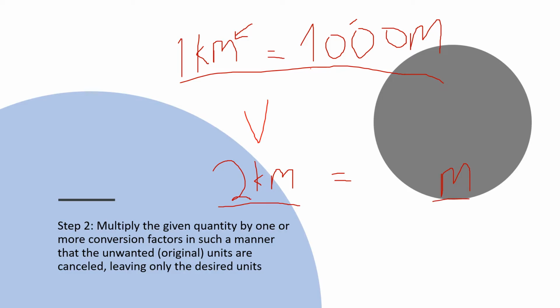So paano natin maka-cancel out to? So simply multiply 2 kilometers with your given conversion factor in such a manner, sabi sa step 2, that the original unit is cancelled out. So times, sabi multiply daw, and then gawa tayo ng conversion factor. So ilang meters daw? 1,000.